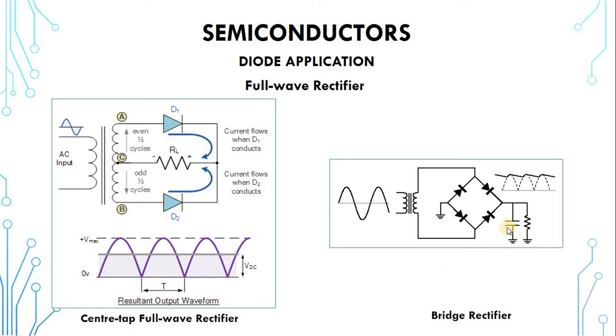So the capacitor here, I believe in your applied electricity, you have been told that a capacitor basically stores electrical charges. It stores electricity in the form of electrical charges. So what happens is that when this current rises from 0 to maximum, as it gets to maximum, it charges the capacitor.